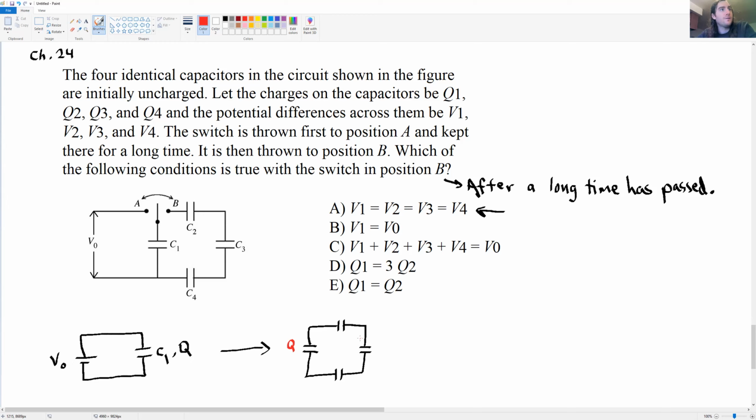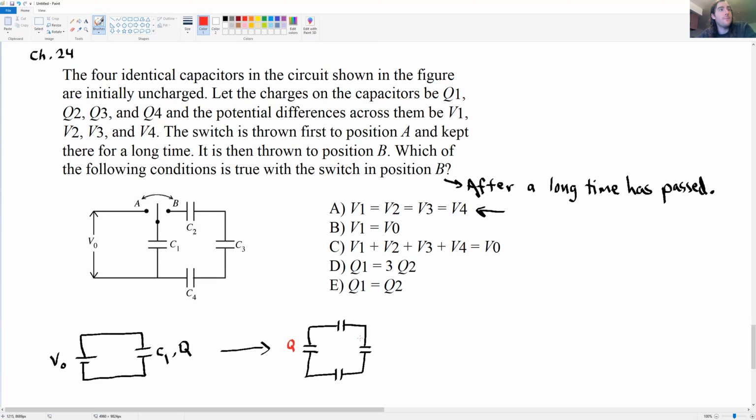And as the current flows, it's going to begin to charge up these other capacitors, and eventually the voltage on these other capacitors, of course, is increasing, and it's increasing against the voltage of this other capacitor here. And so eventually the current flow is going to stop, right?